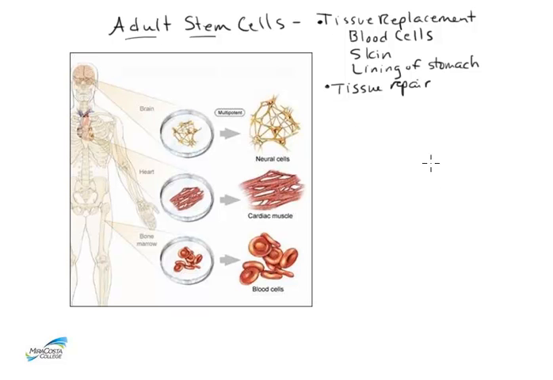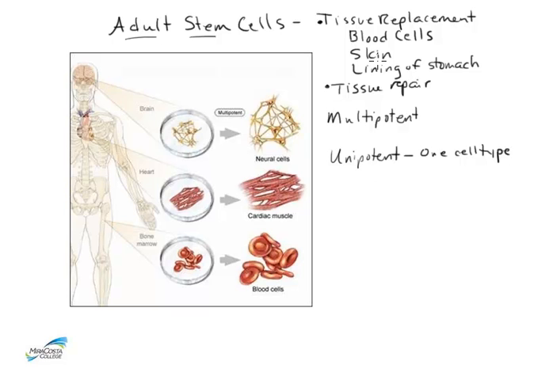In contrast to the embryonic stem cells that we just discussed, though, adult stem cells are not pluripotent. That is, they can't assume any cell fate, or the products of their cell division can't assume any cell fate. Instead, they are either what's referred to as being multipotent or unipotent. Right? Unipotent means that they can only produce one cell type. Right?